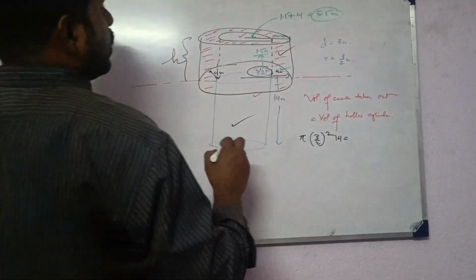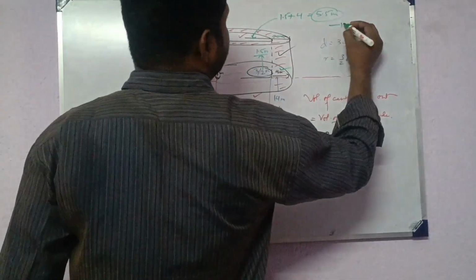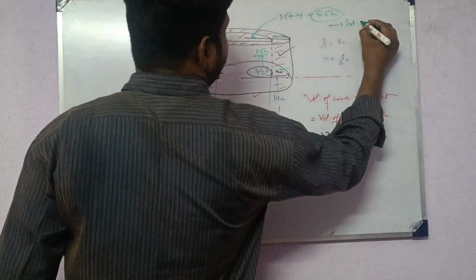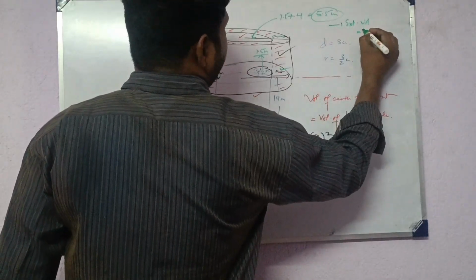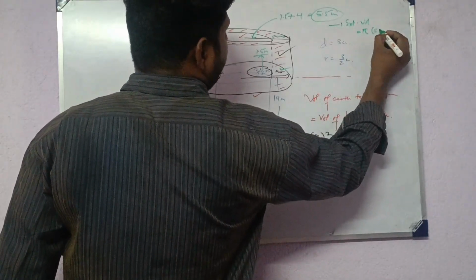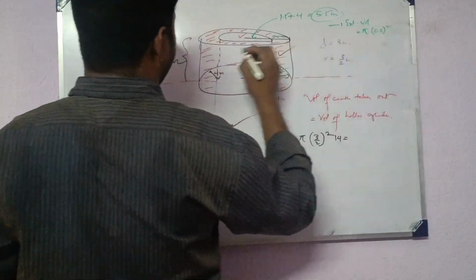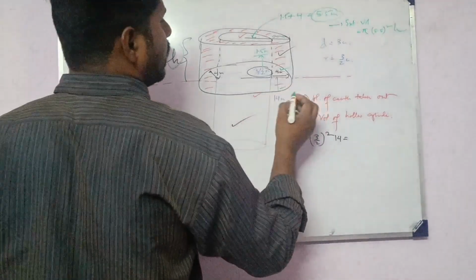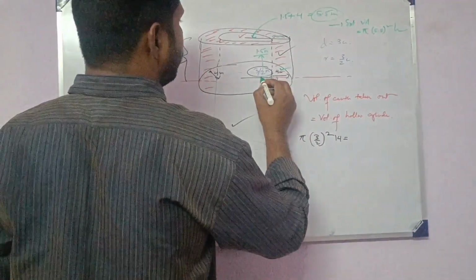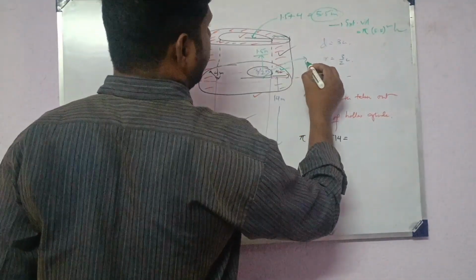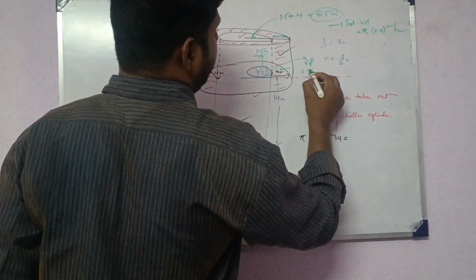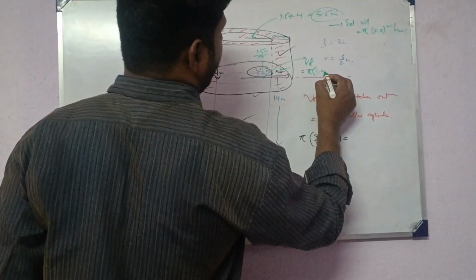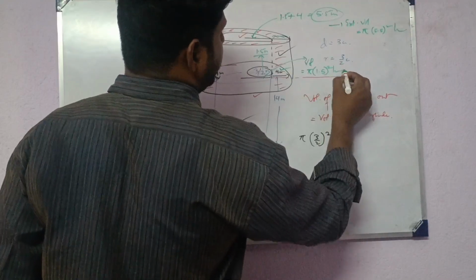So its volume will be external volume pi 5.5 r square, and h we don't know, and that internal volume will be pi r square, h we don't know.